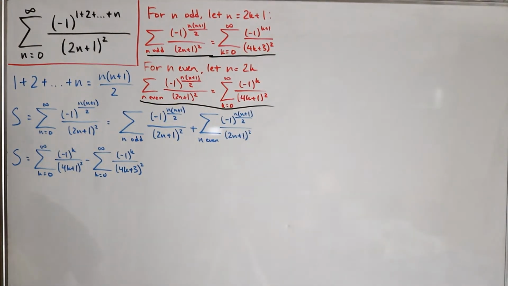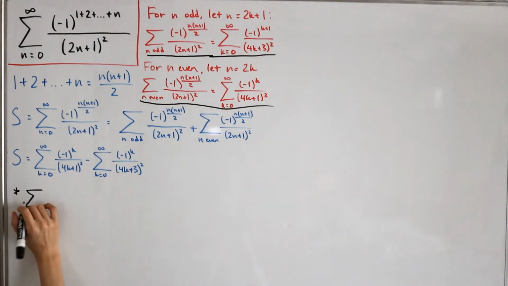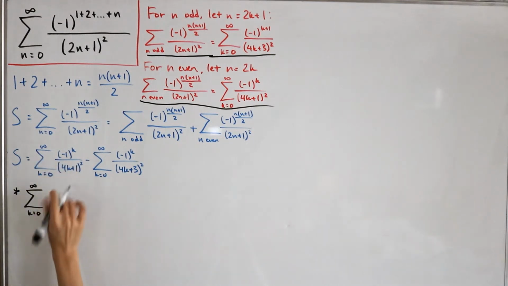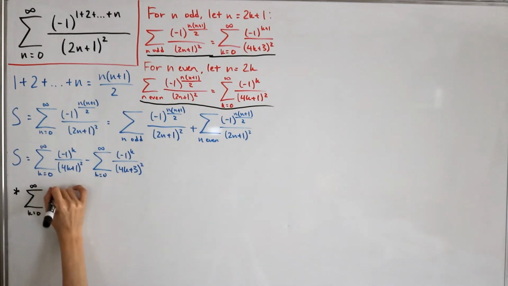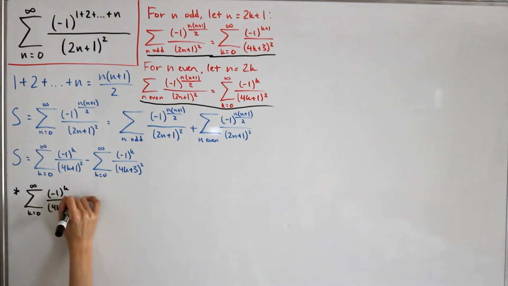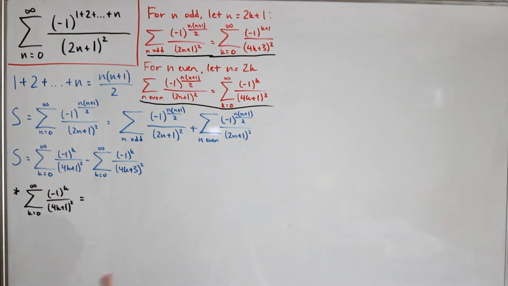First, we'll do one sum at a time from what we've written so far for S. Let me put an asterisk to imply a note. So I'll put k equal 0, the same thing as above. We're working with this term first before we move on to the next. So we have -1 to the power k divided by 4k plus 1 square. You'll notice we can separate this yet again into even and odd terms. I know, again, right?